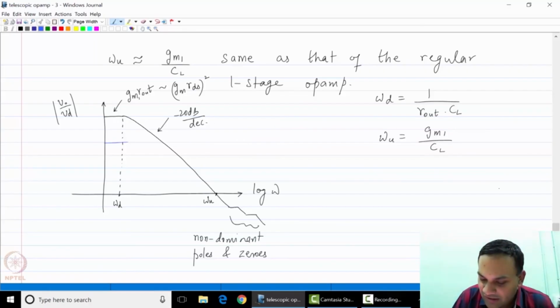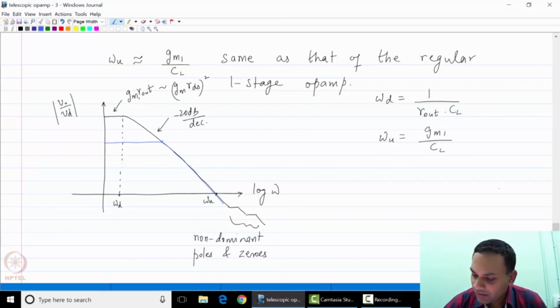But please remember the R out of a one-stage op-amp was only of the order of RDS by 2 and not GM RDS squared, and therefore the dominant pole of the one-stage op-amp will be higher than that of a corresponding telescopic op-amp. I'll assume that these two have the same GM and the same load capacitance, and therefore you will find that what you have achieved with the telescopic op-amp is simply larger DC gain.